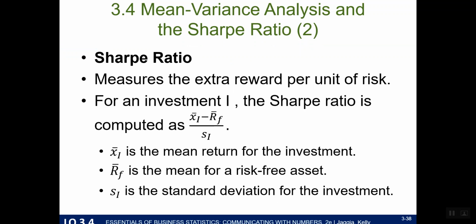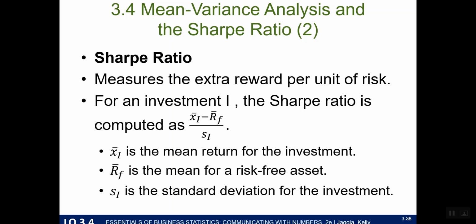So the formula is X bar, which we know is mean. So it's the mean of the investment. So the mean of the growth fund or the mean of the value fund, minus the mean of a risk-free investment. Now, there's no true really risk-free investment, but typically, at least in the US, the Treasury bonds or the T-bills are considered the most risk-free investment, the safest investment you can invest in.